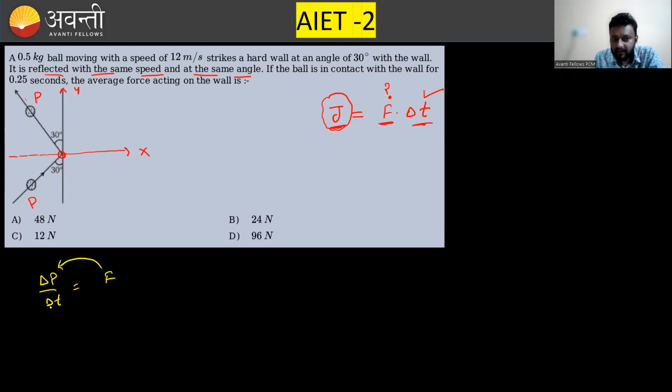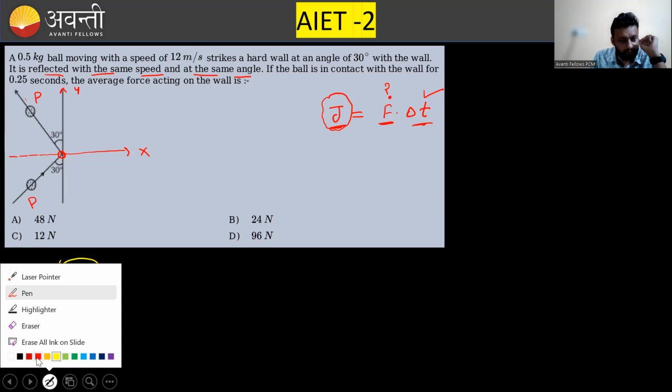F is equal to delta P by delta T. Delta P is change in momentum. Delta T is the time duration. So you can directly calculate force, average force using this equation. So we need to calculate the change in momentum in this particular question.